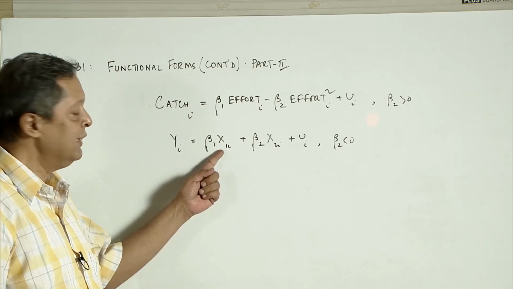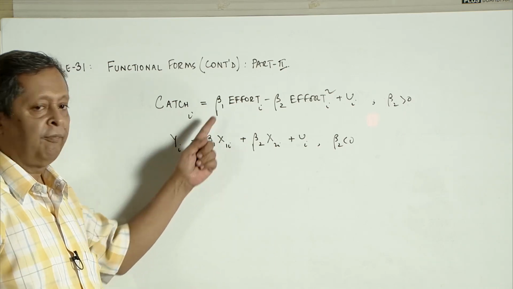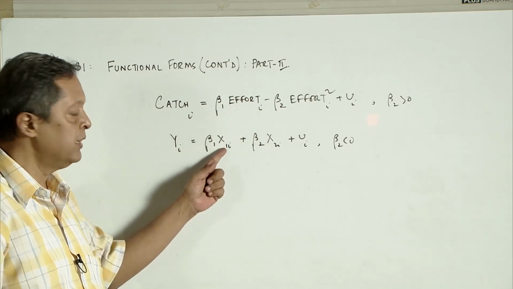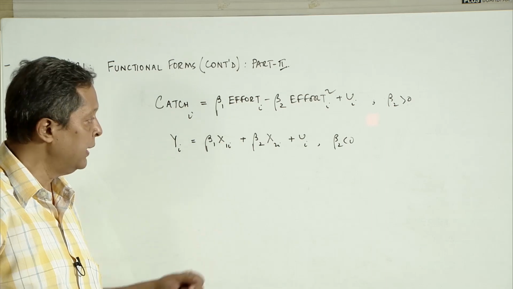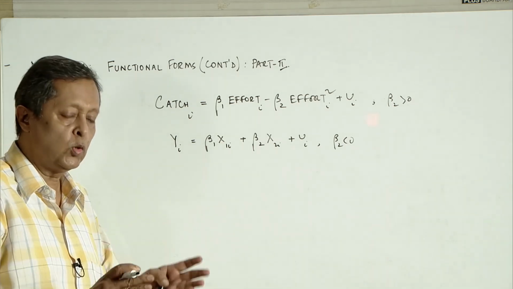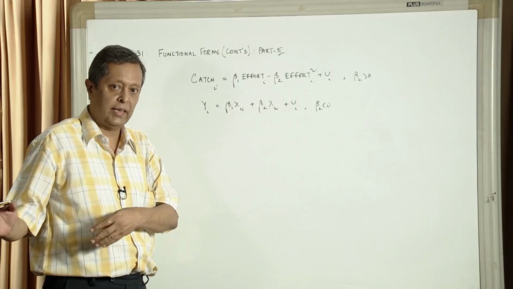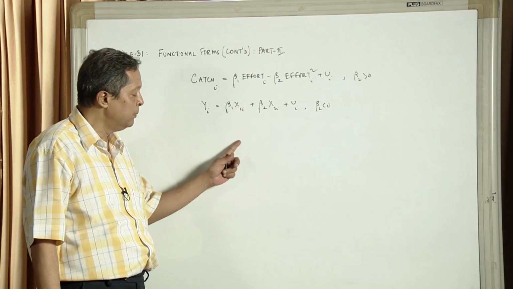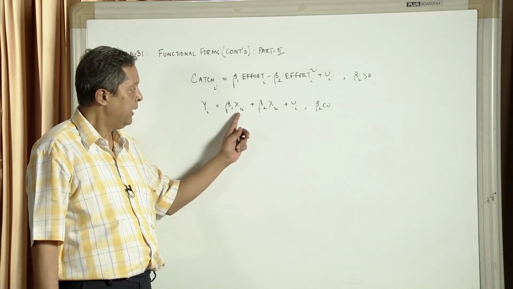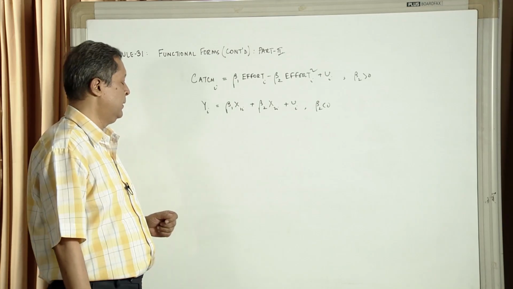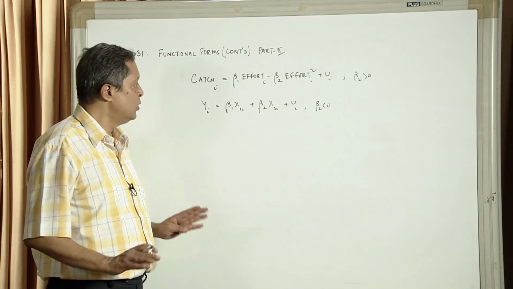So, x1 is not the intercept, it is a variable, effort, and this will have different values, unlike the standard format where we had y regressed on x2, x3, x4 up to xk and x1 was the intercept. Here x1 itself is a variable and there are two variables x1 and x2. So, this is a model without intercept, but we do not have any reason to worry.